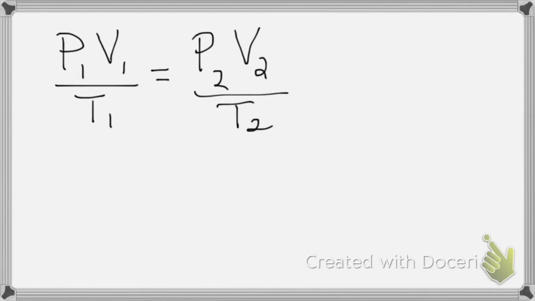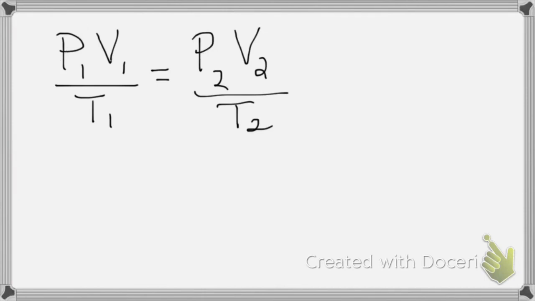Similarly, if we had Charles's law, where we're looking at the relation between volume and temperature, that would mean pressure is constant. So P1 would equal P2, and they would cancel. Notice what remains is Charles's law: V1 over T1 equals V2 over T2.